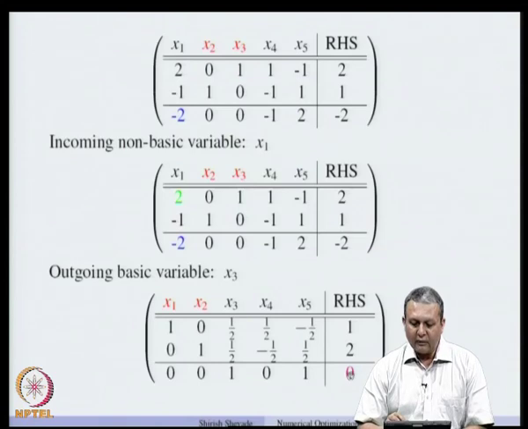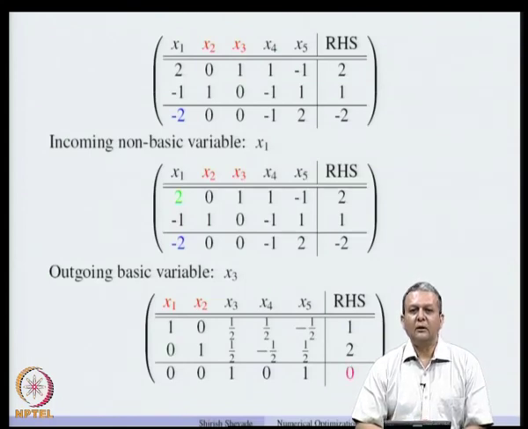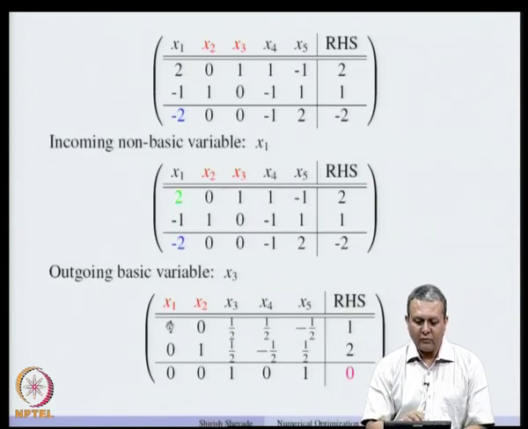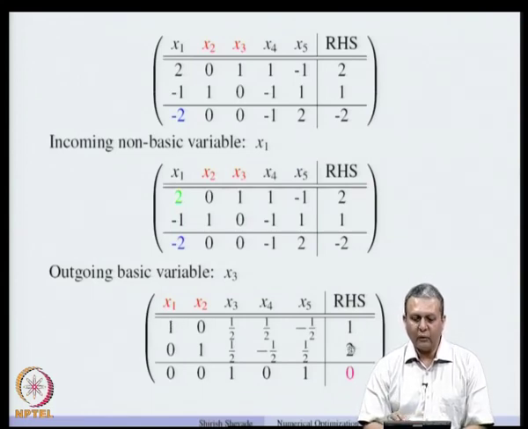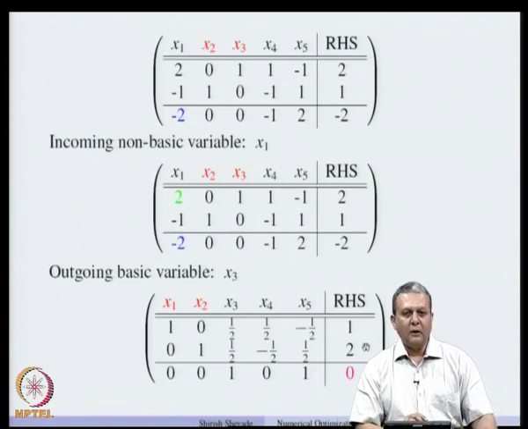The very fact that we have got the optimal objective function value of 0 for the artificial linear program shows that the initial basic feasible solution exists for the original linear program, and that basic feasible solution is x1 equal to 1 and x2 equal to 2. So, this completes the phase 1 of the simplex method.